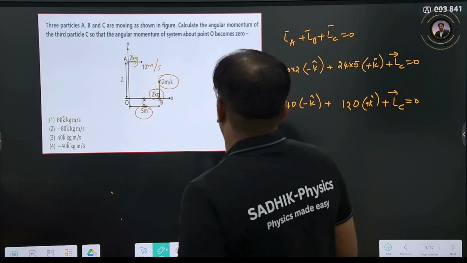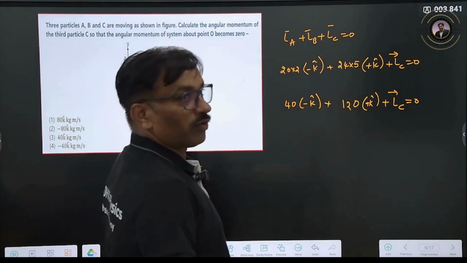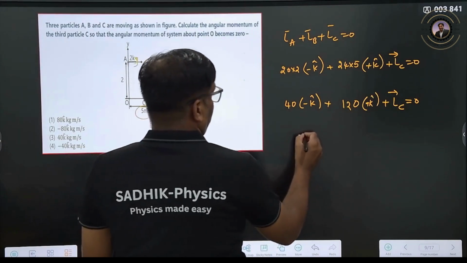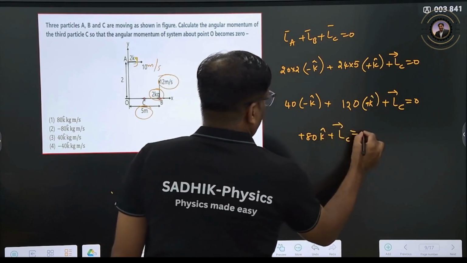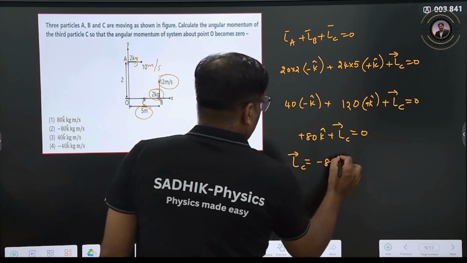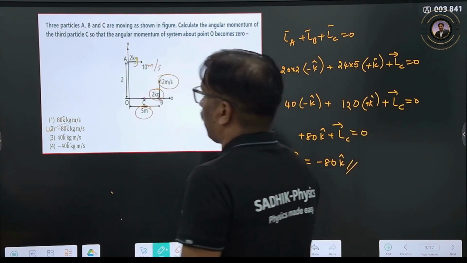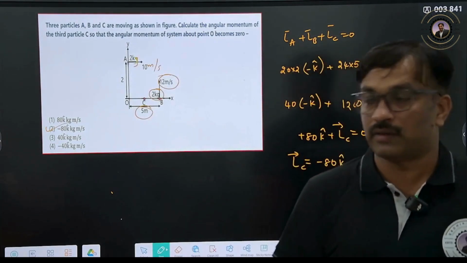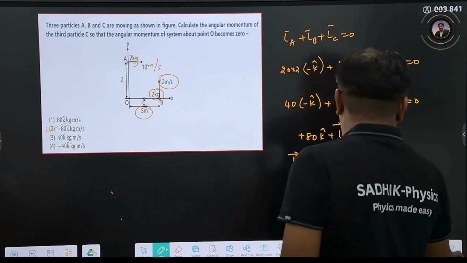So 40 minus 40 plus 120 is nothing but plus 80 k cap, plus the angular momentum of C equals 0. So the angular momentum of the C particle is minus 80 k cap. Option 2 will be your correct answer. Clear? So in this way we can do one more question now.